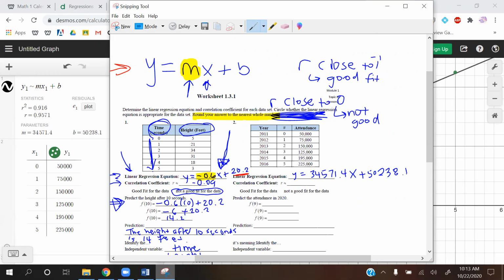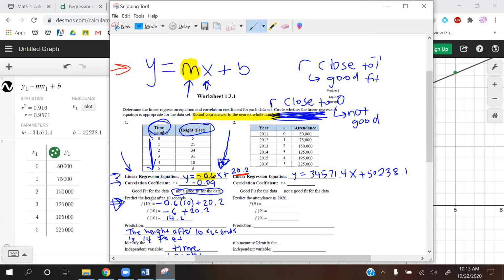Your Desmos says 1. That's fine. Your Desmos seems to be rounding a lot, and that's okay. You're talking about your R. That's okay. I'm just going to put what mine says, which is 0.9571. That's so close to 1. Oh, your M?